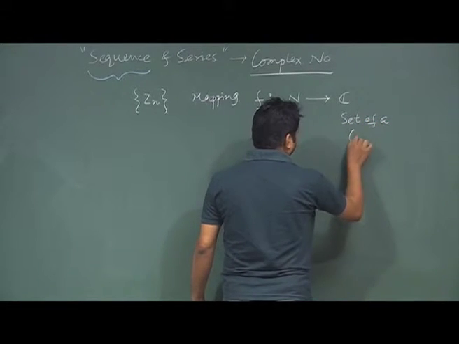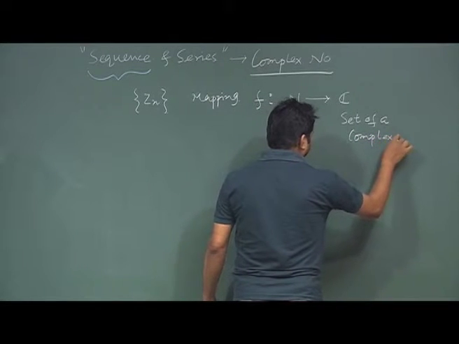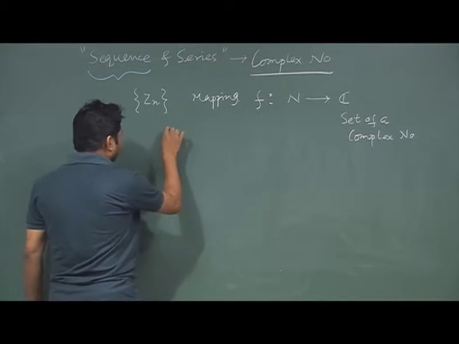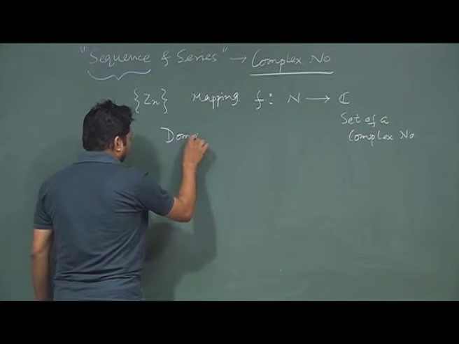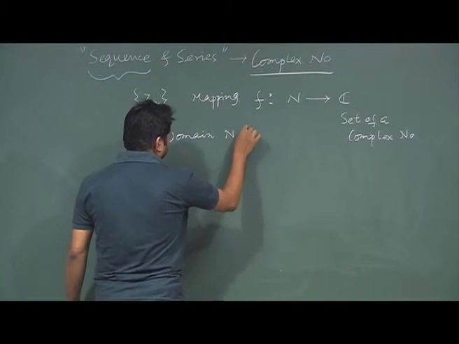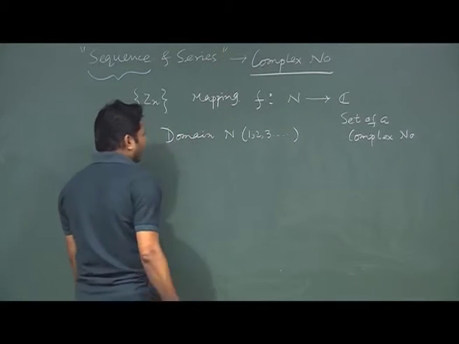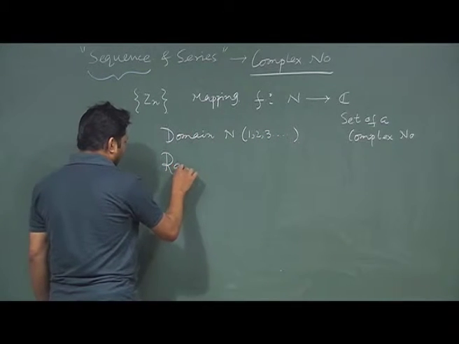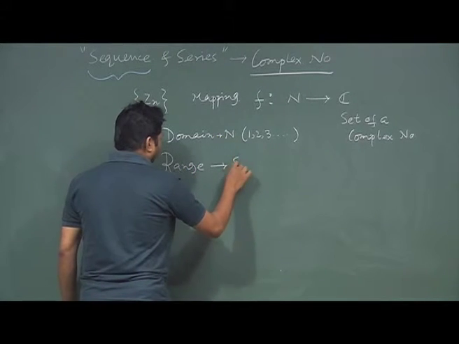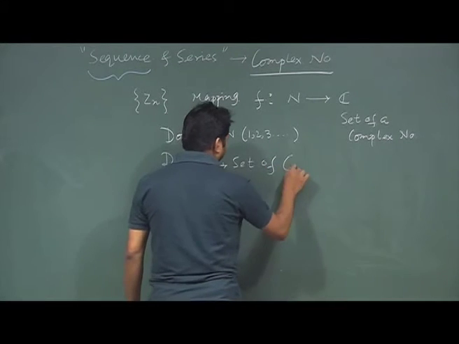So it is a mapping where I put in some integer and, as a result, I get a complex number. That means my domain here is the integers n equal to 1, 2, 3, and my range here is the set of complex numbers.